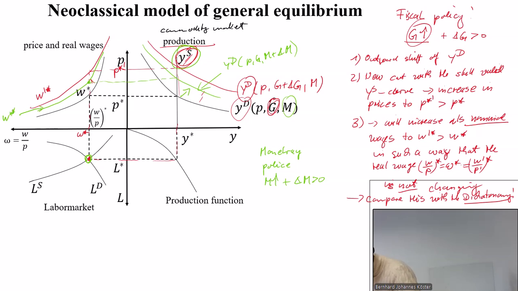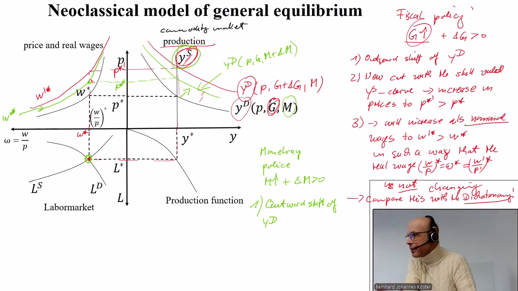let's call this W double prime, and this then P star double prime. So again, outward shift of YD.